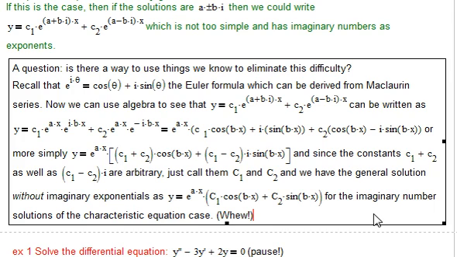The imaginaries would be taken care of by the constants, but they're arbitrary, so we don't care. And we're very happy that we don't have imaginary exponents.